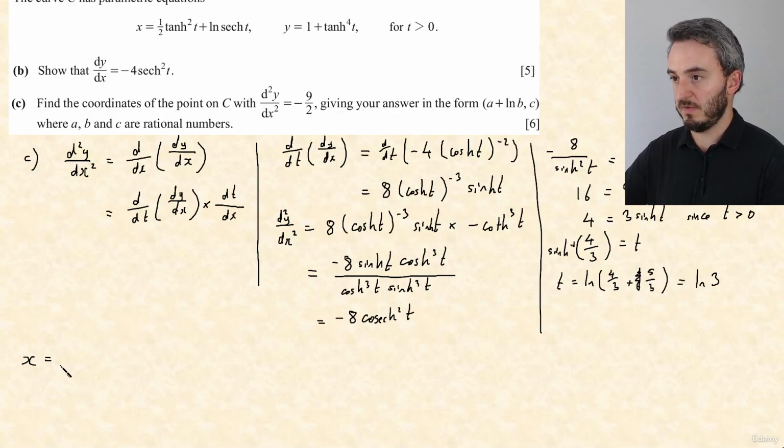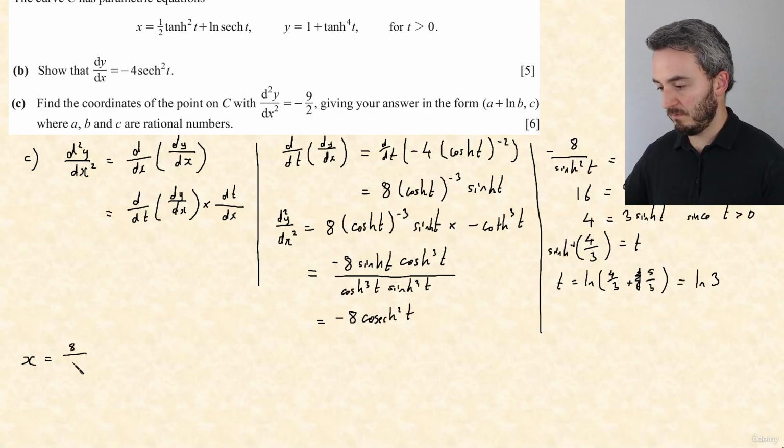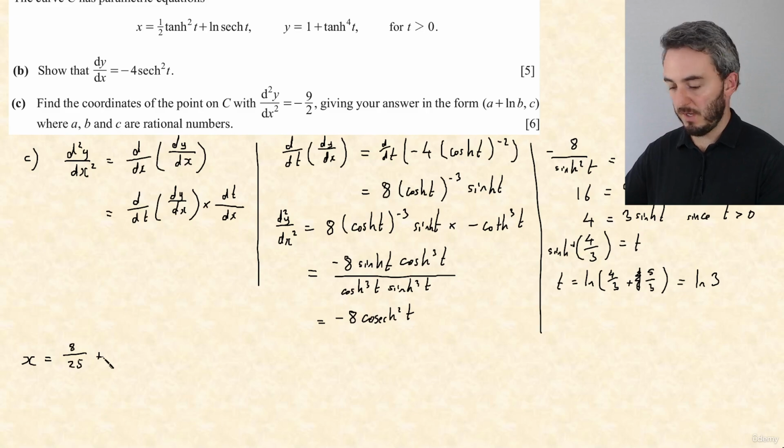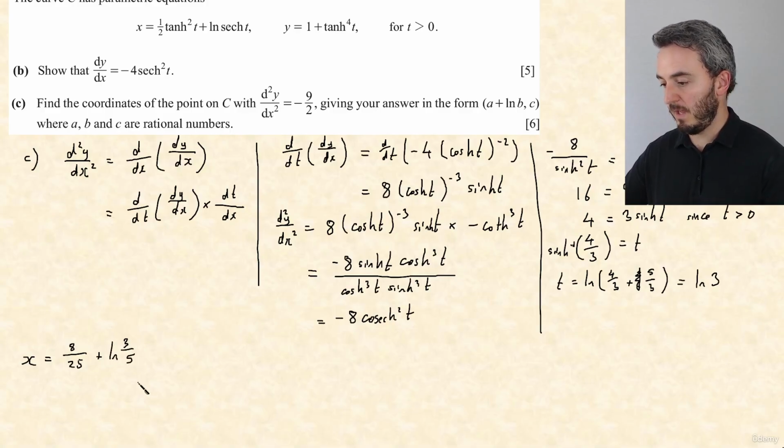Square that and divide it by 2. That bit is 8/25. And then ln of sech of that. So again, using my calculator, I'm going to work out cosh of ln 3. 1 divided by that is 3/5, and it's ln of that. So ln 3/5.